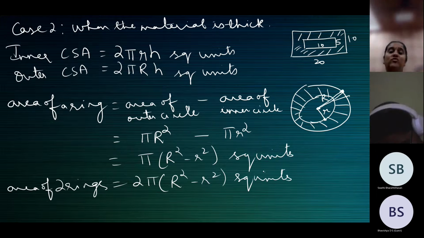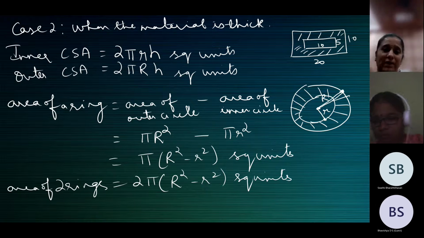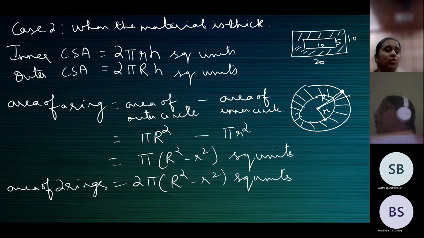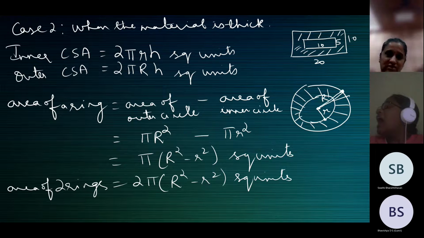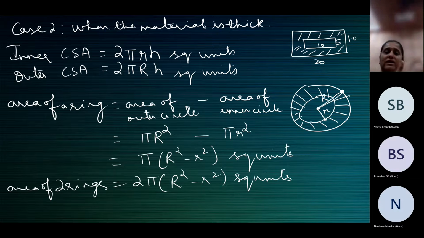So if you're asked to find, in this case where the material is thick, the area to be painted in a hollow cylinder, you have to separately find the inner CSA, find the outer CSA, find the area of the ring on the top and double it. Add all these areas: inner curved surface area, outer curved surface area, and area of two rings.